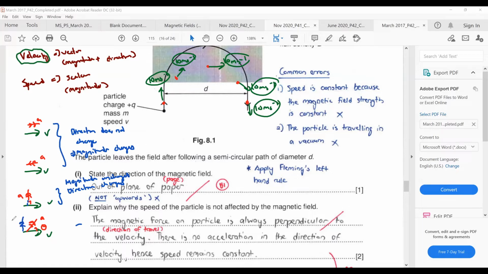You have a_y this side, and then you have a_x this side. The perpendicular component will cause your direction to change. The parallel component will cause your magnitude to change. So this one you will say that both magnitude and direction change.